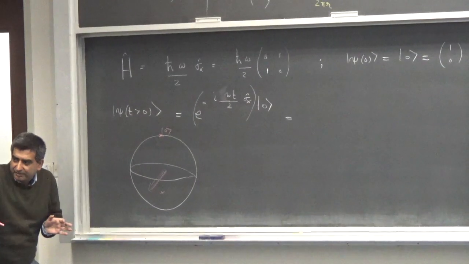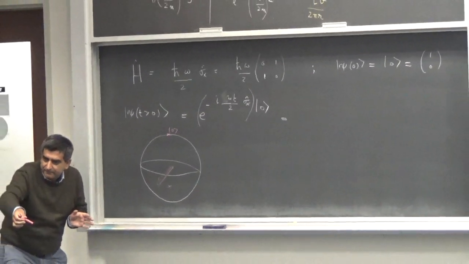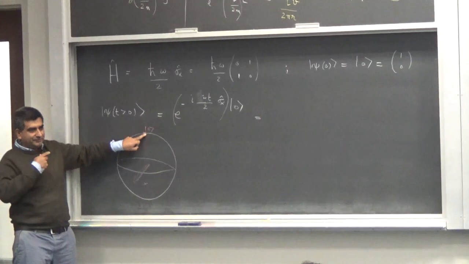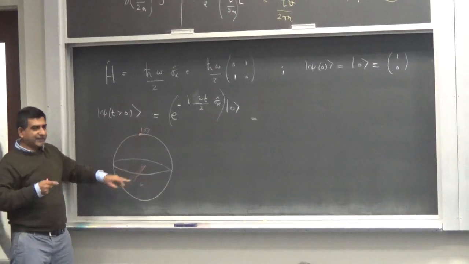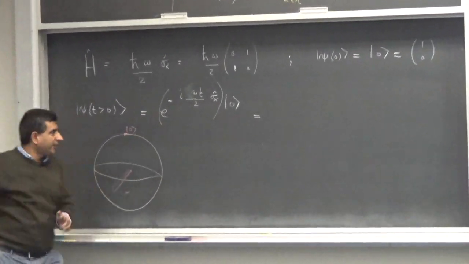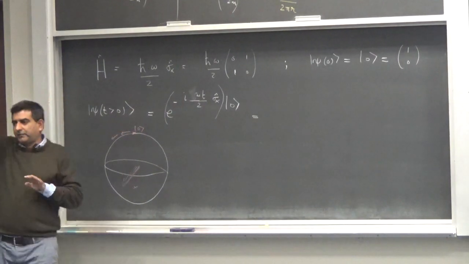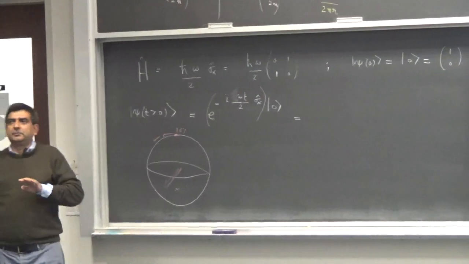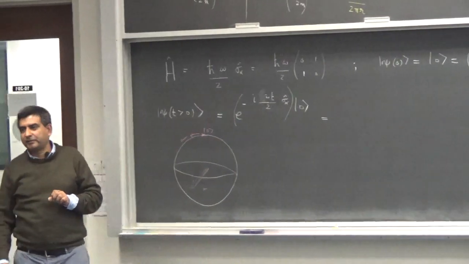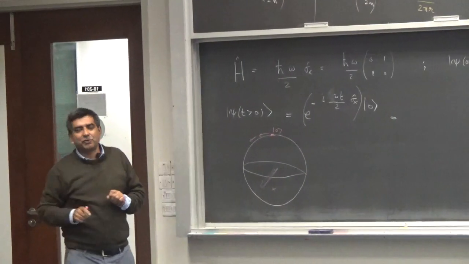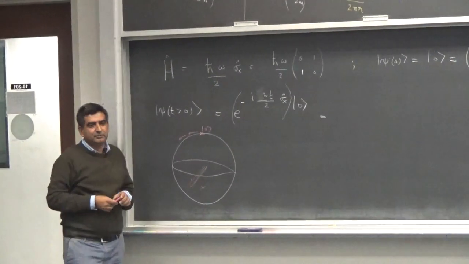I switched it on at time t equals 0. And then this state starts to rotate about this axis. When it starts to rotate, it goes here, right? It moves on this kind of great longitude, this meridian.